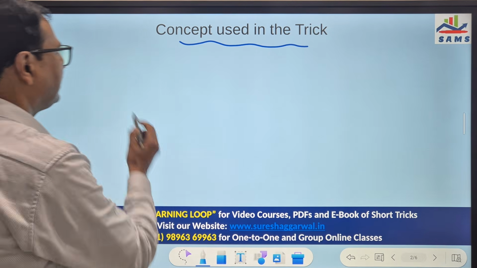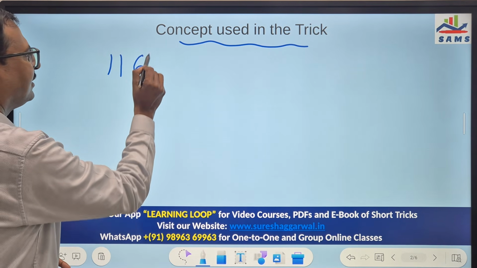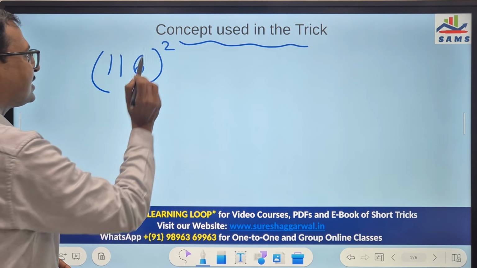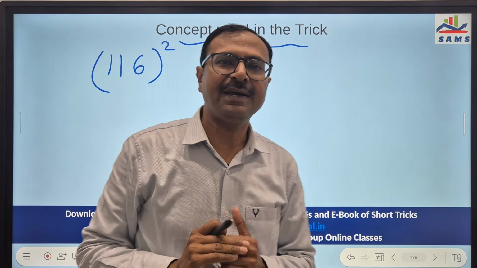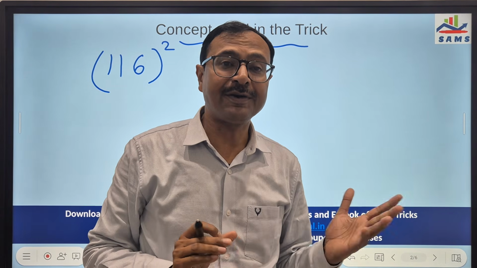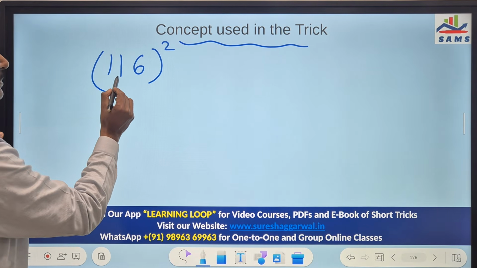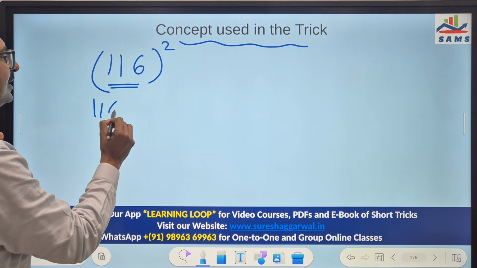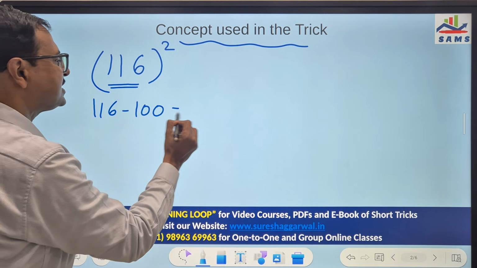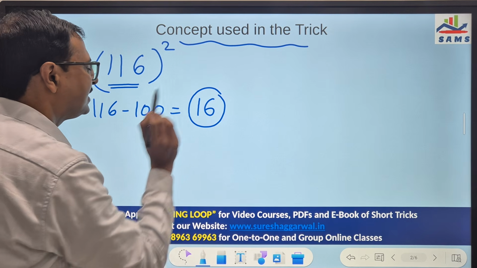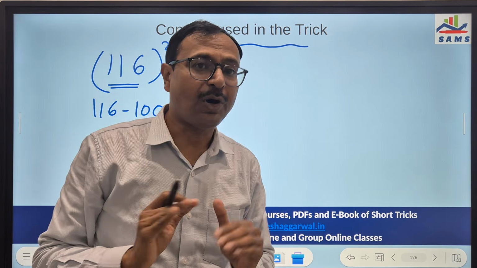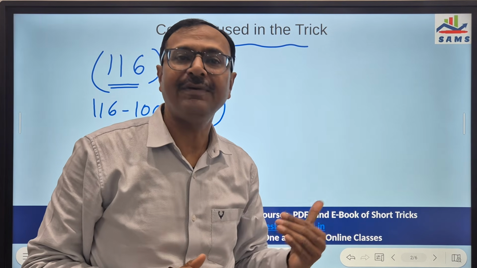Suppose you have a number like 116 and I want to find the square of this number. The first thing is, how much above 100 is 116? That's pretty easy, right? If you subtract 100 from this, you get 16. This is the first thing I should know: the excess above 100.